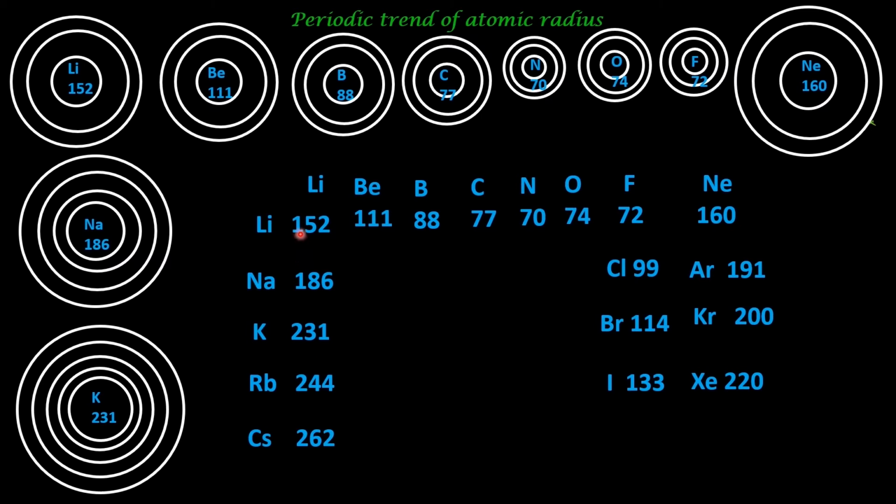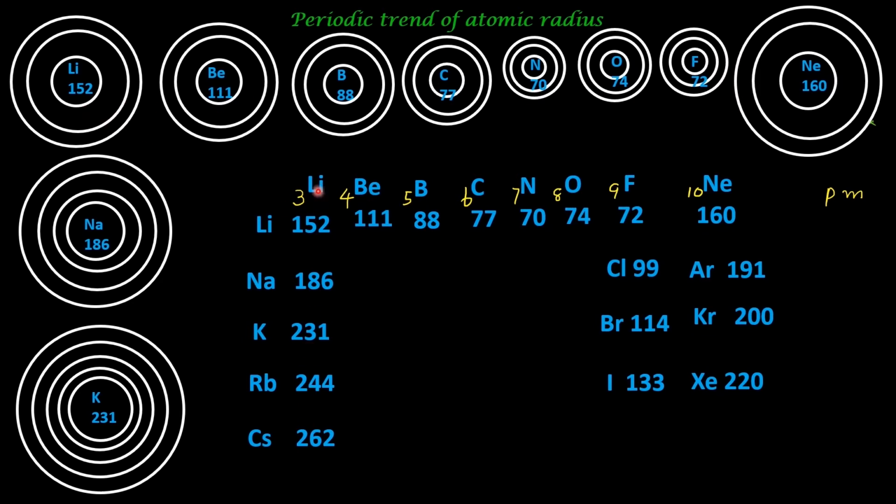In the second period, the atomic number of lithium is 3, beryllium 4, boron 5, carbon 6, nitrogen 7, oxygen 8, fluorine 9, neon 10. Neon belongs to the 18th group, that is zero group, and fluorine belongs to the halogen group, that is 17th group. Lithium belongs to the first group, that is alkali metals.